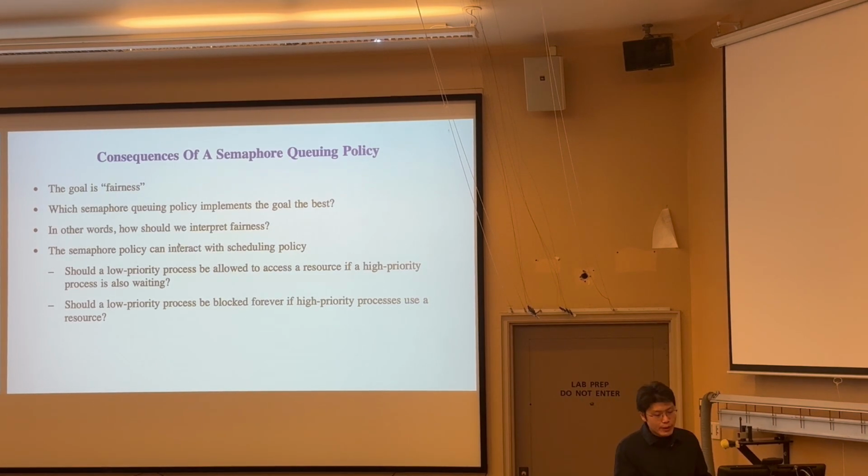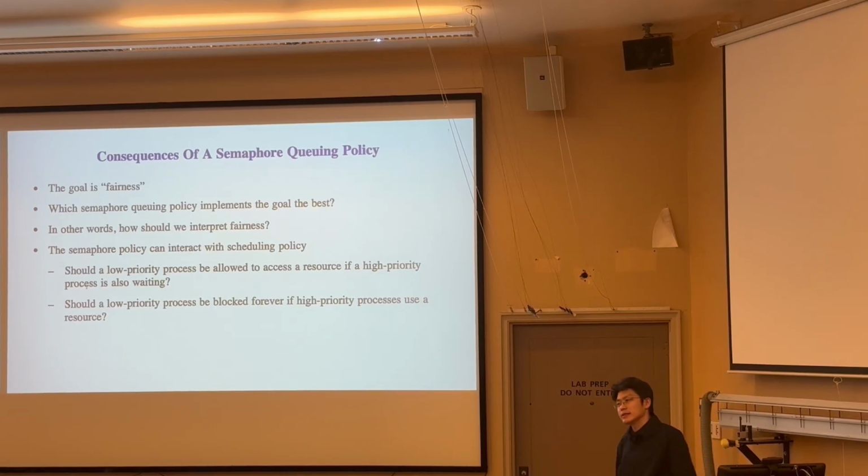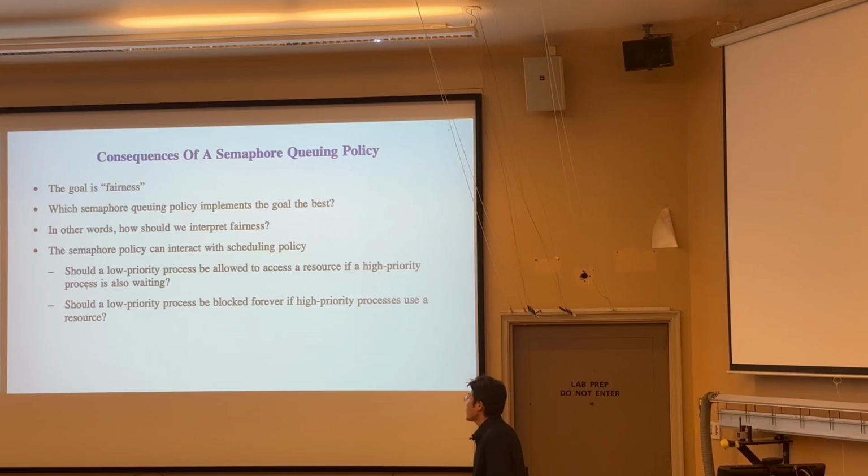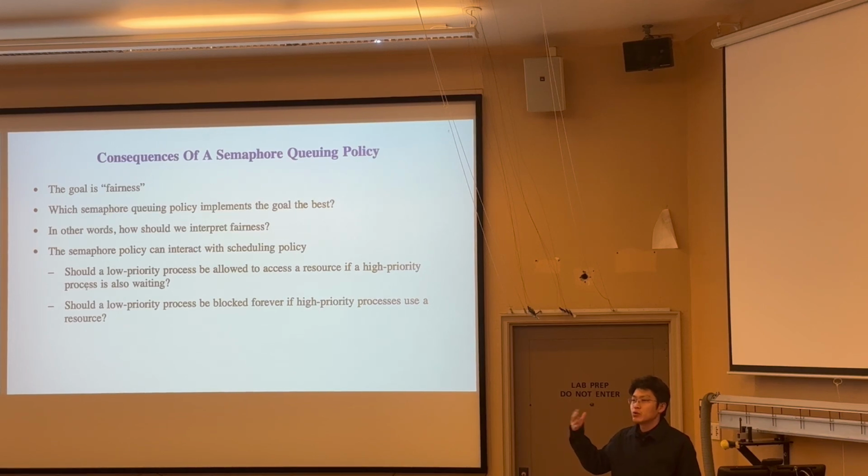The first question: should a low priority process be allowed to access a resource if a high priority process is also waiting? Think about this question, because you use a semaphore to protect shared access to some resource.